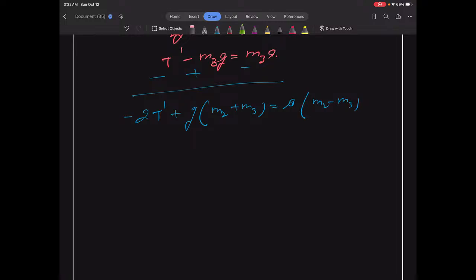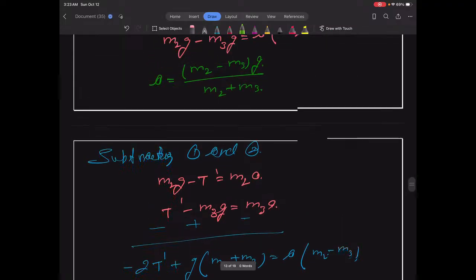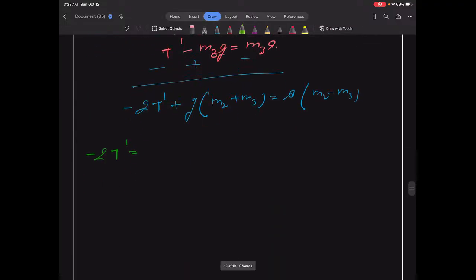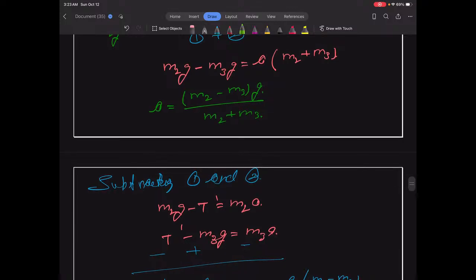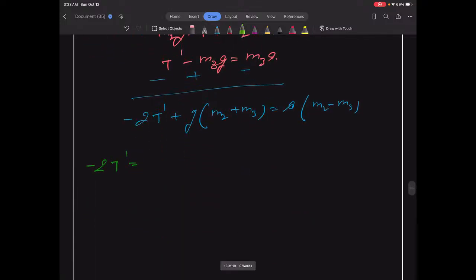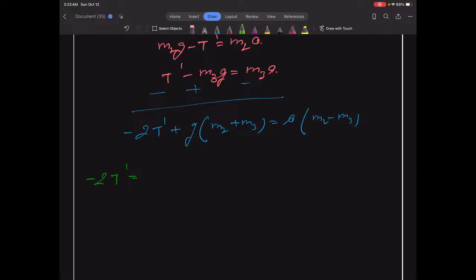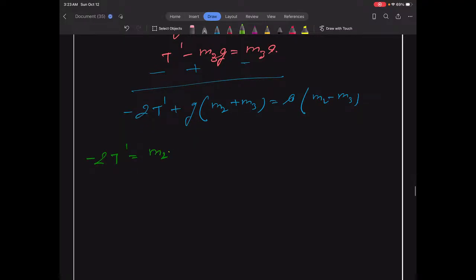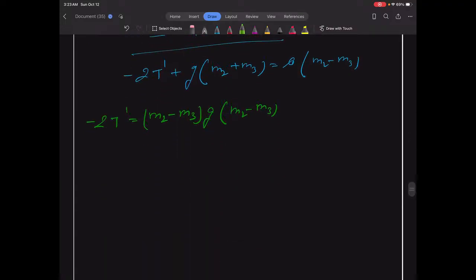Therefore, we can say that our T prime, or minus 2T prime, will be equal to, let me substitute the value of A, and A was our M2 minus M3 times G. So we have this as, yeah, M2 minus M3 times G, M2 minus M3 and M2 plus M3.